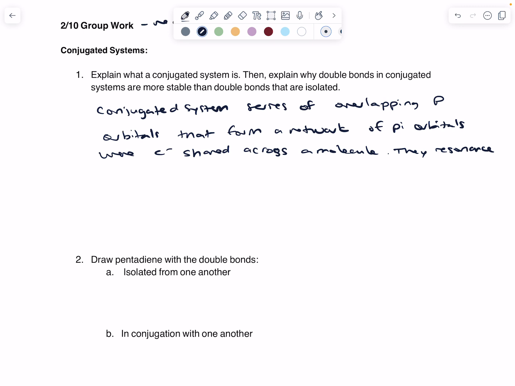I forgot to write they are responsible for, but they are responsible for resonance. They equal resonance.